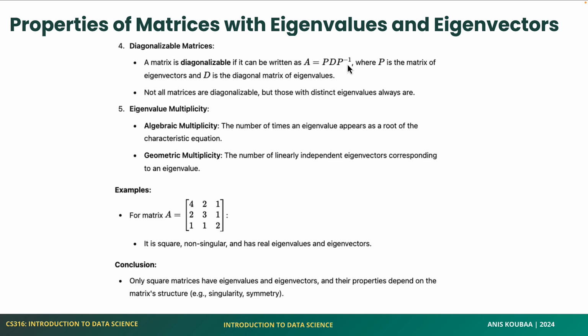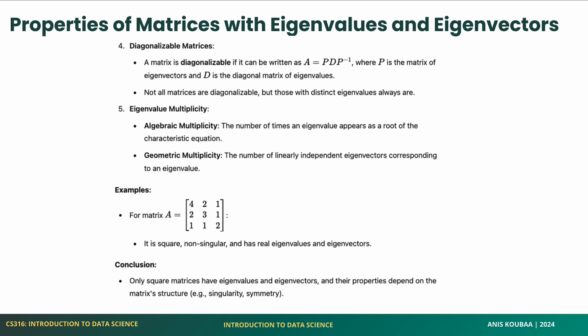What is D? D is the diagonal matrix of eigenvalues, and P is the matrix of eigenvectors. You take the first eigenvector, the second eigenvector, the third eigenvector. You multiply it by D, the diagonal matrix, and P minus 1, it's invertible. You're going to find the matrix A. This is what we call eigenvalue decomposition of matrices.